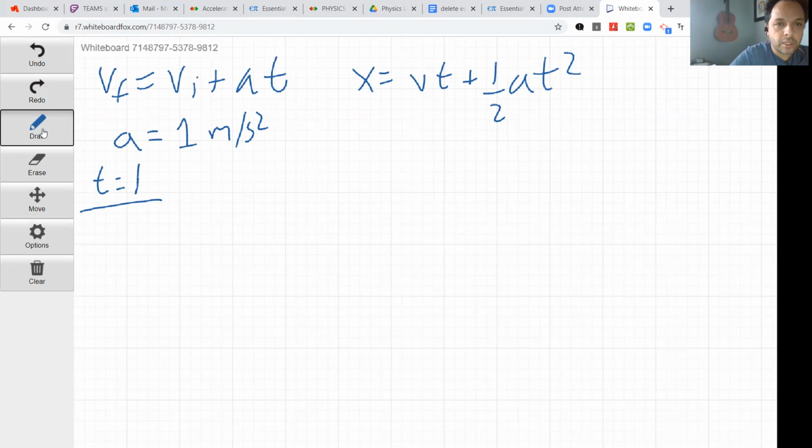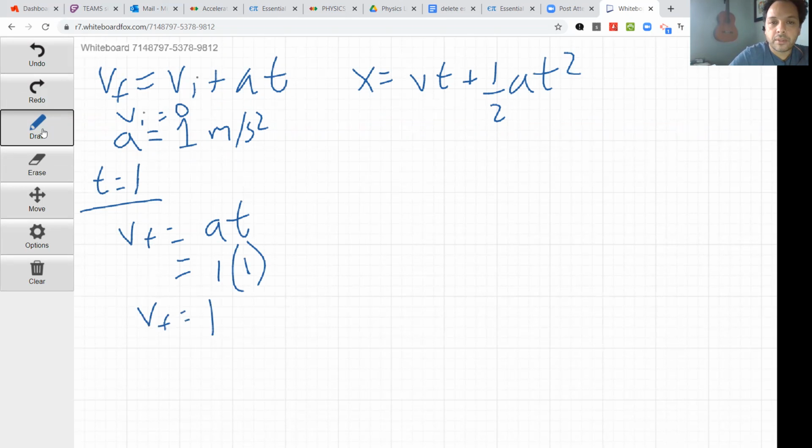For time equals 1, oh yeah, initial velocity is 0. It starts at rest. So v final is always going to be acceleration times time. So 1 times 1 is just 1. What about position?